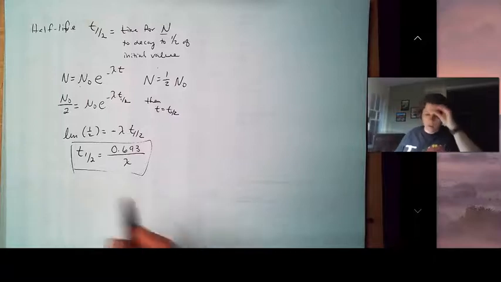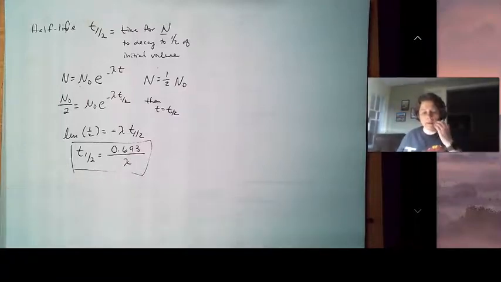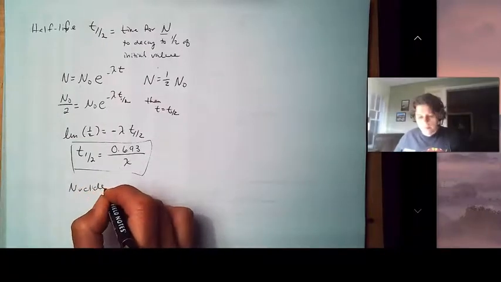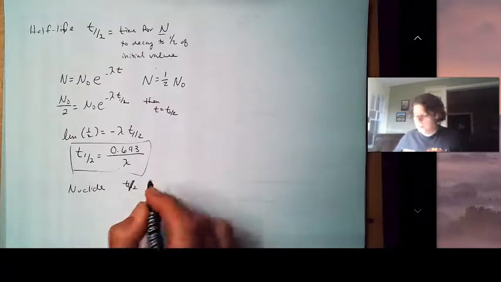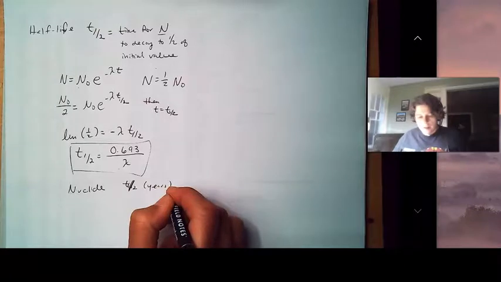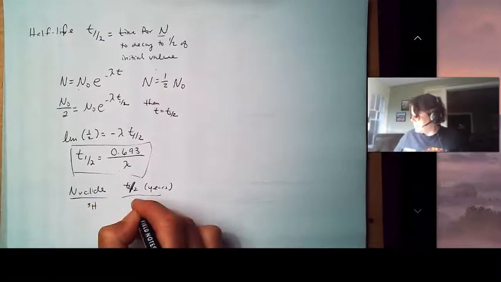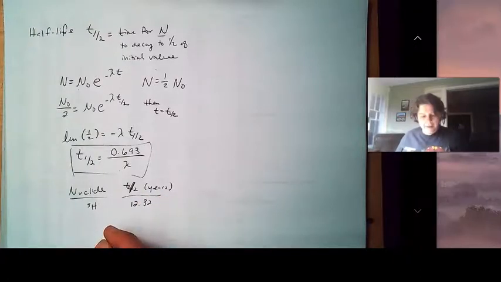Okay, and so a lot of times you can look these things up. Lambda is just a rate constant that we look at, and so we can have nuclides. Examples of the time to the 1/2, in years. We just looked up tritium because I couldn't remember it. It was 12.32 years.